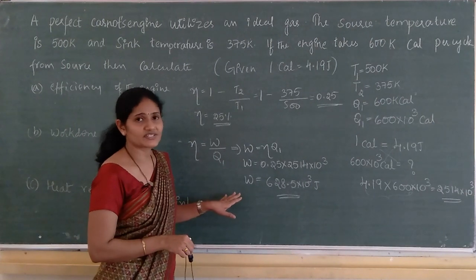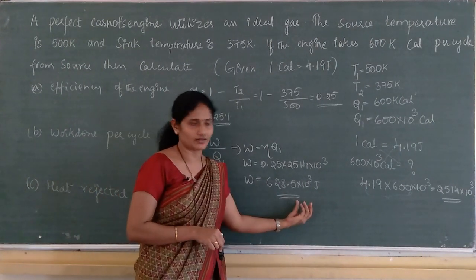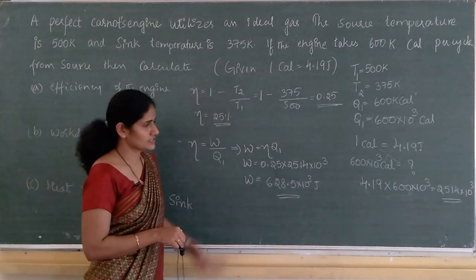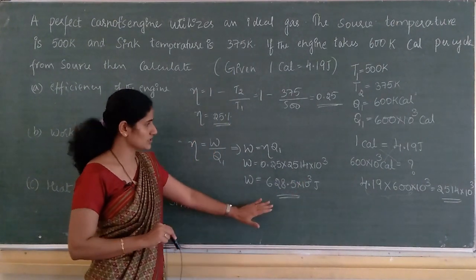So, 628.5 into 10 to the power 3 joules of work is done during one complete cycle. So, this is work done.